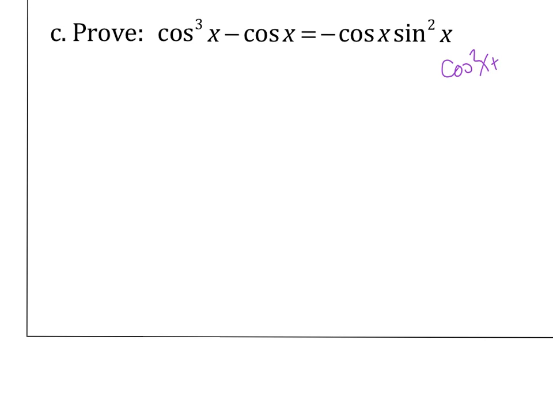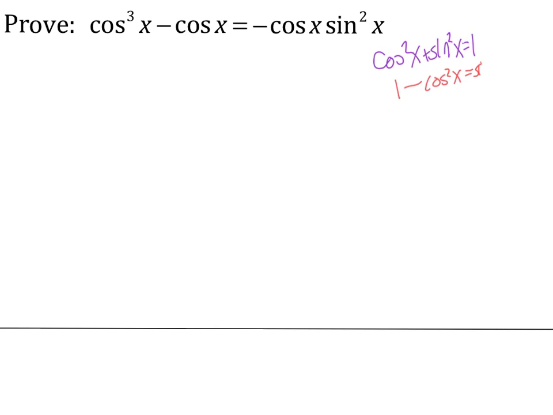Cosine squared x plus sine squared x is equal to 1. From there, I know that, for example, 1 minus cosine squared x is equal to sine squared x, and 1 minus sine squared x is equal to cosine squared x. Those things might come in handy for this problem.